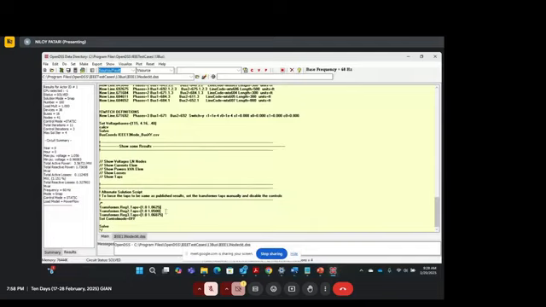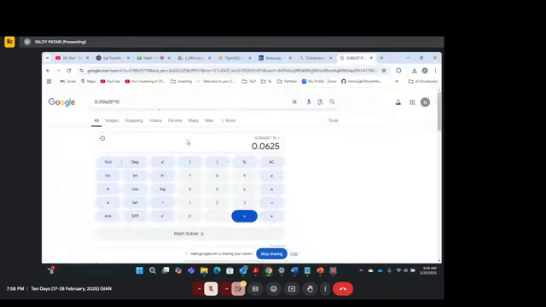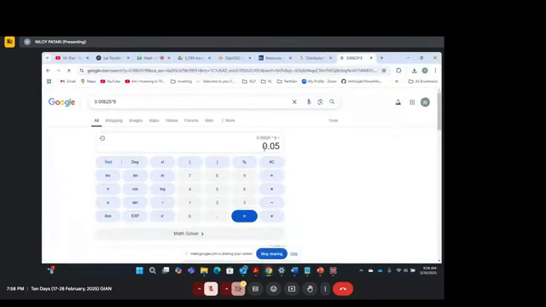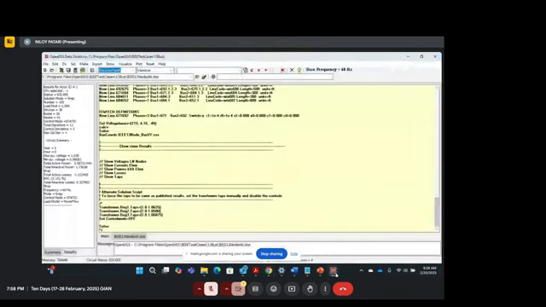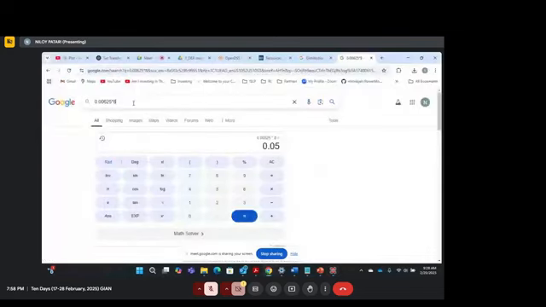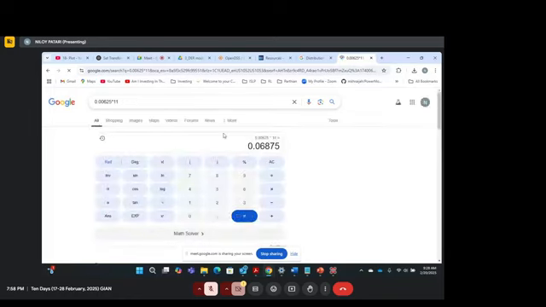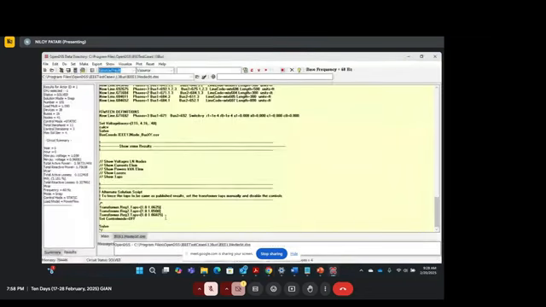If you multiply 0.00625 by 8, then it becomes 1.05, right? Which is exactly here. And if it is 11, then you have 0.06875. So it exactly shows up here.